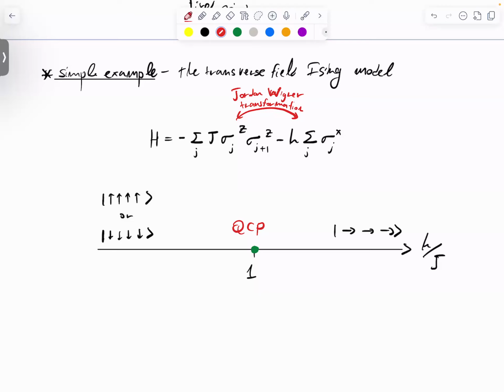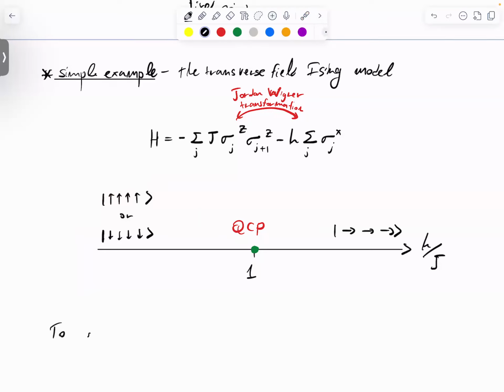Clear? Okay? So now let's see how we perform such an RG. Let's assume that we're in this regime here.